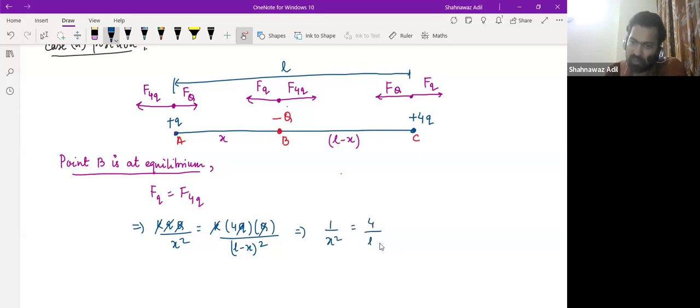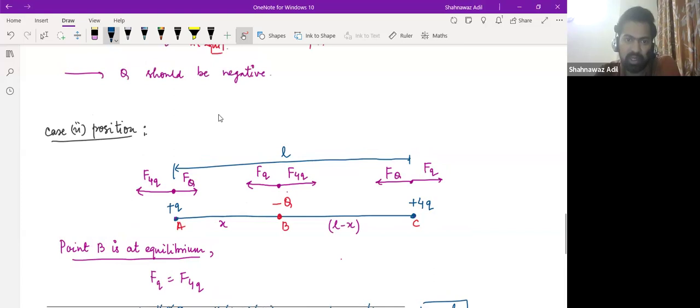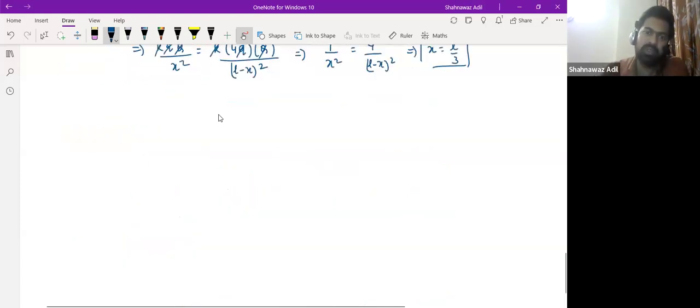We will directly write that the answer is X equals L by 3. So this should be at L by 3 distance. Is it clear? Yes, sir. So this is the second part.